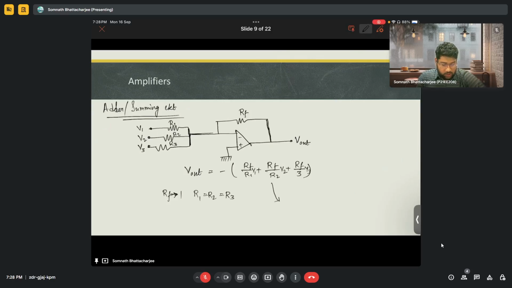So what will happen with this equation is V out will be minus of V1 plus V2 plus V3 multiplied by RF by R1. As we have already said, RF by R1 is our gain factor, so with the specific gain we'll get the summation of our given input values.